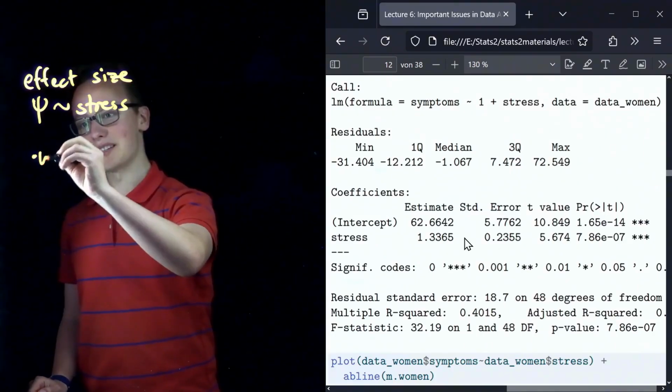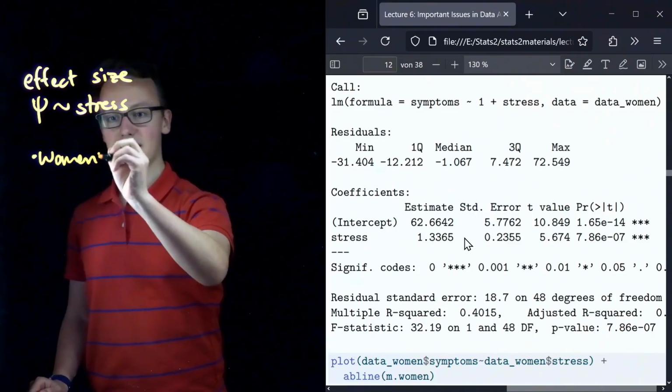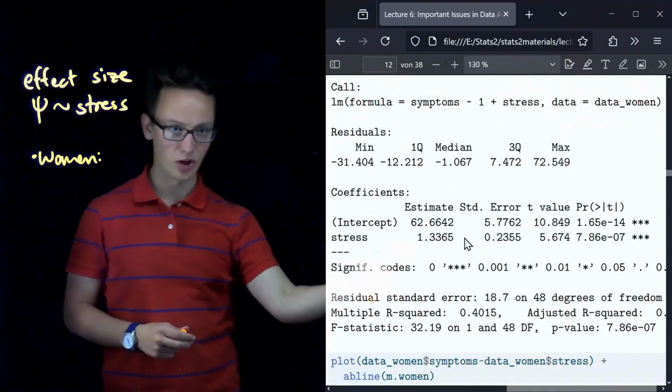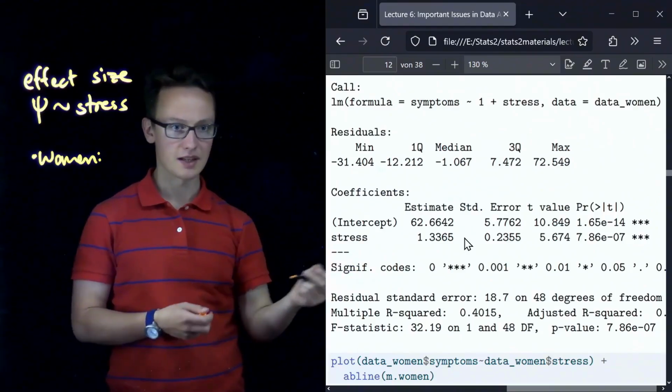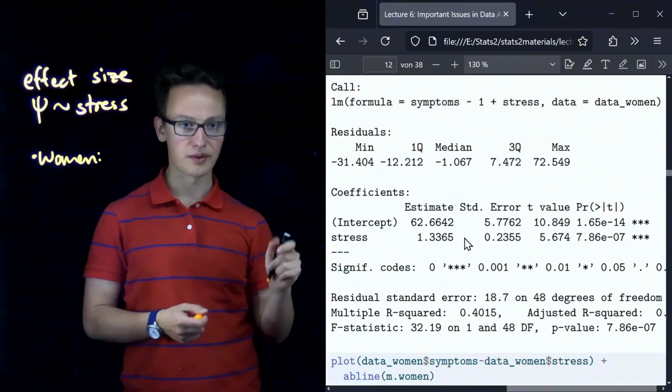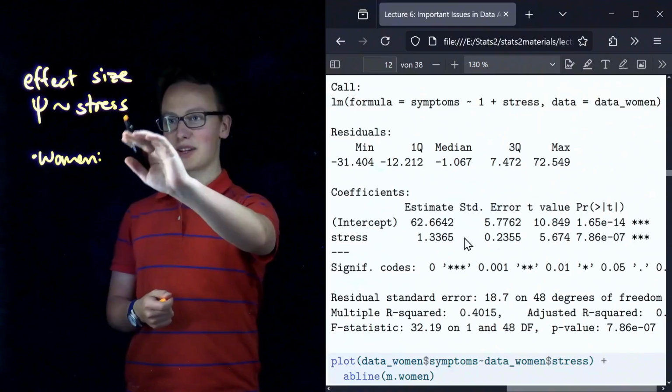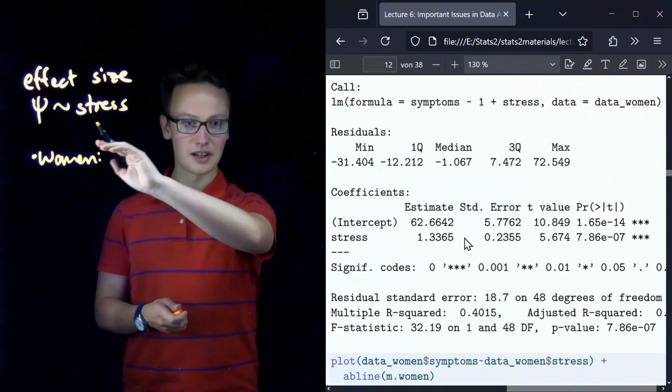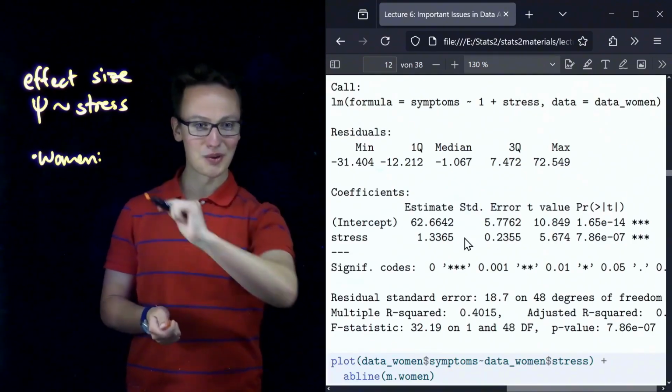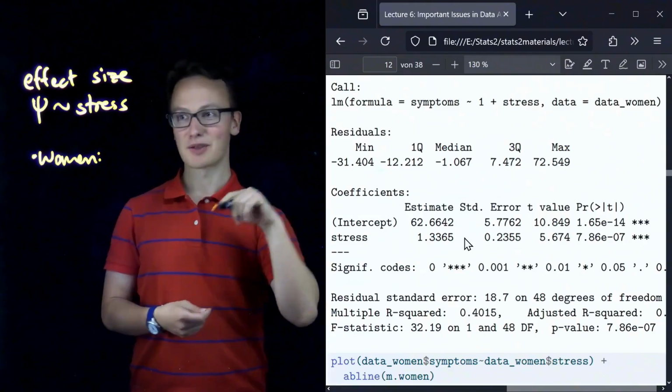For women, we can see this effect size, and you have to interpret the slope properly. It's in units of psychological symptoms score per stress level score unit.